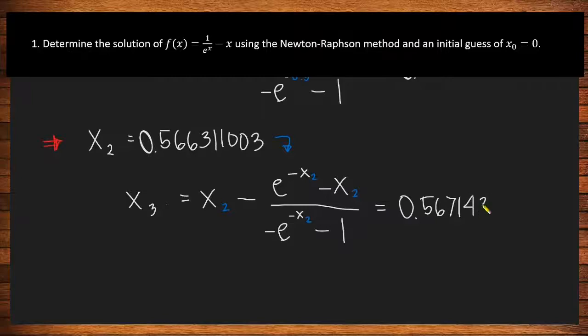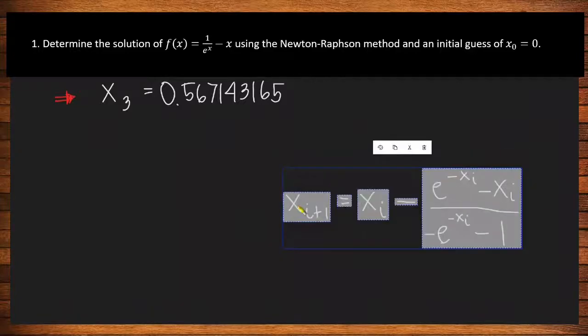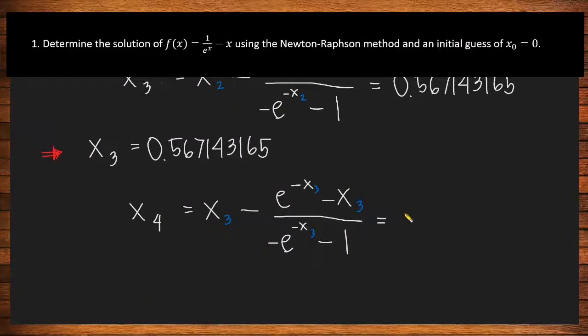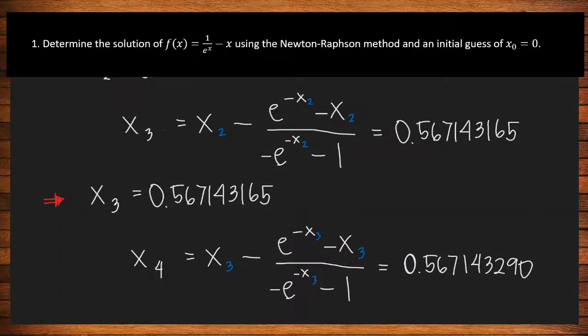Ito naman yung isa-substitute ulit natin doon sa Newton-Raphson formula to obtain our next estimate. So this is equal to 0.567143290. We can stop our iterations if we have satisfied the conditions given doon sa problem, if meron siyang condition na binigay.